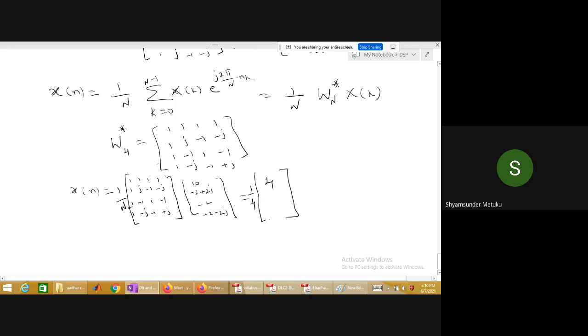You should get real values only, otherwise it is wrong. So 8, yes, 8. It should be like this only.